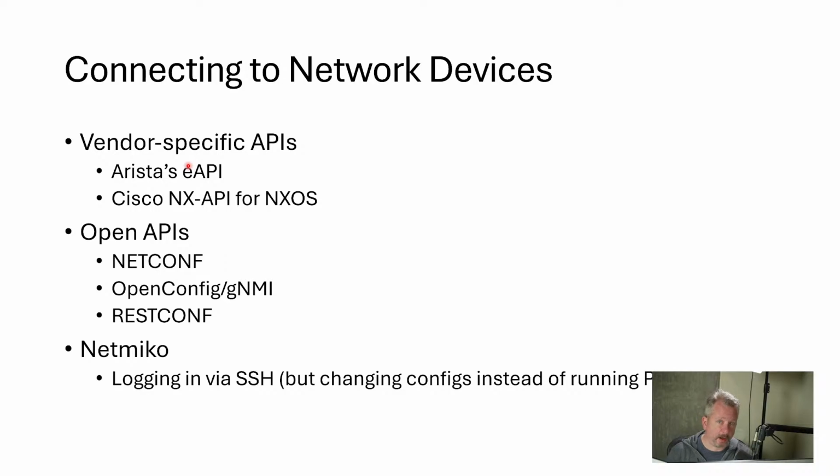Because like we talked about in the last class, most network devices are single configuration file devices. So what we would think of like running config for Cisco, Arista has the same concept, running config. Juniper has the same concept, but they call it something else, and I can't remember what Juniper calls it. And we're just modifying that config, or replacing that config, and we can go in via any of these methods to do this.